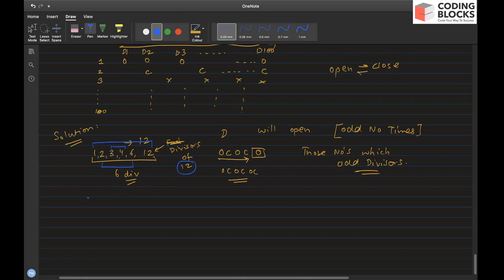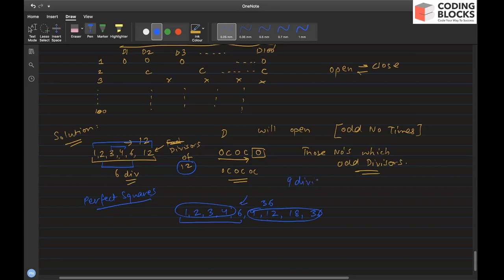But for numbers which are perfect squares, you have an odd number of divisors. For example, if I talk about the number 36, you will have 1, 2, 3, 4, 6, 9, 12, 18, and 36. You have 9 such divisors.